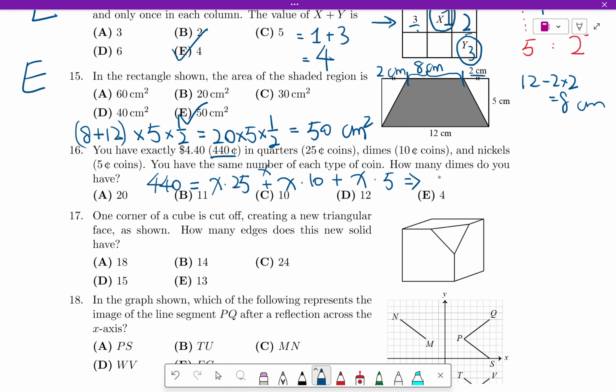This gives us the equation 440 cents is equal to 25x plus 10x plus 5x, which is 40x. So x is equal to 11. This shows us how many coins we have for each type, which includes dimes. So we would have 11 dimes.